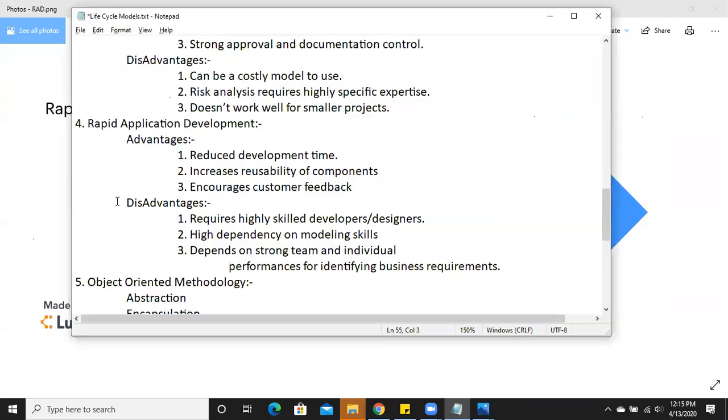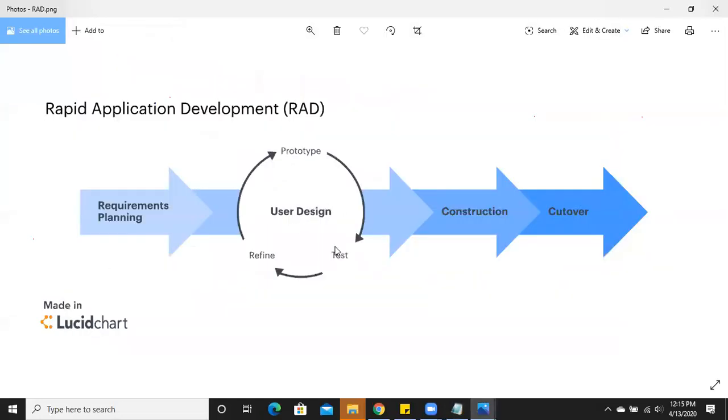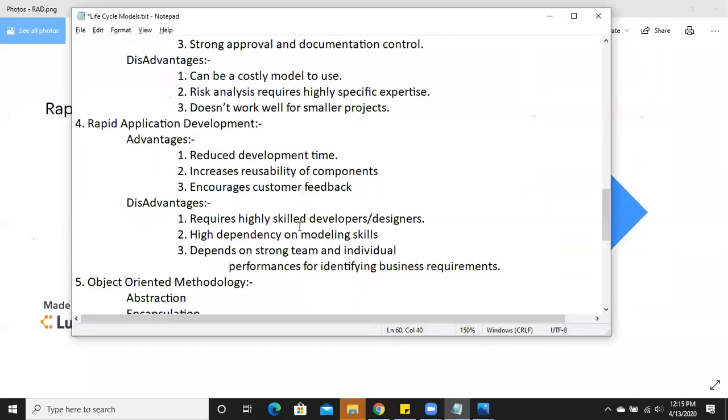So if we move to the disadvantages, what are the disadvantages? It requires highly skilled designers basically, right? I first tell that there is the requirement of highly skilled designers. Okay, a high dependence on the modeling skills. As we have discussed already, we iterate on the user designs only, right?